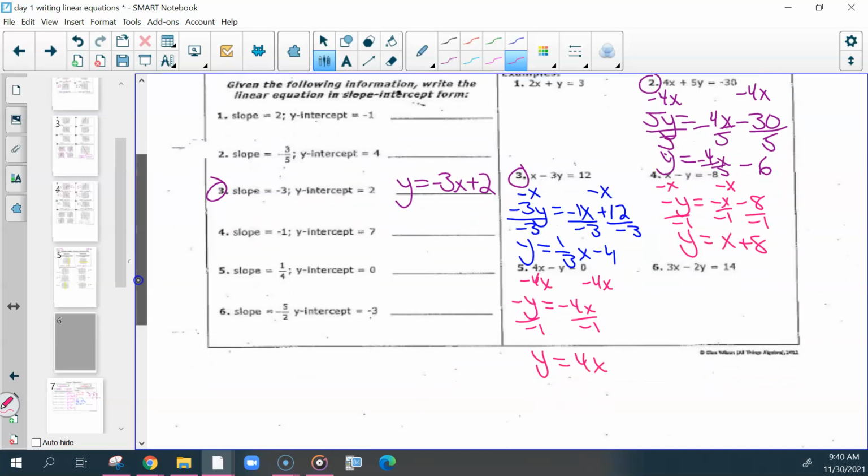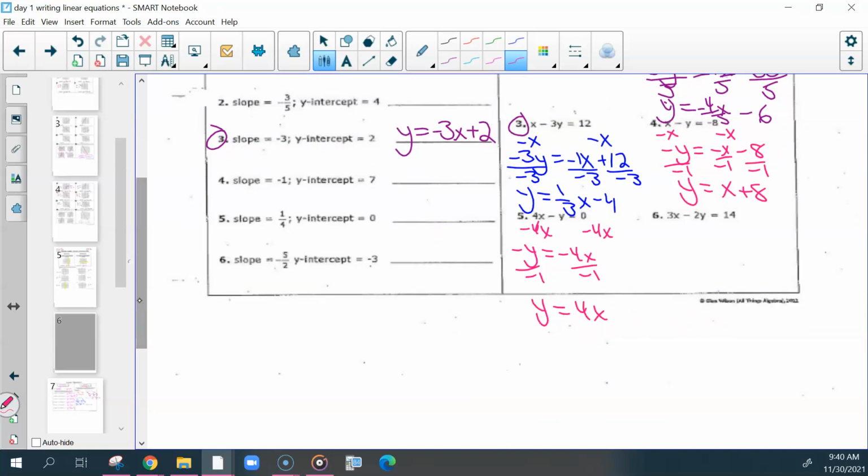Number 5 was y equals 4x, or y equals 4x plus 0. And number 6 was y equals 3 over 2x minus 7.